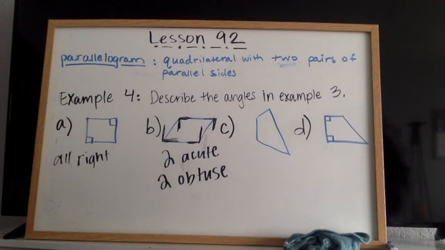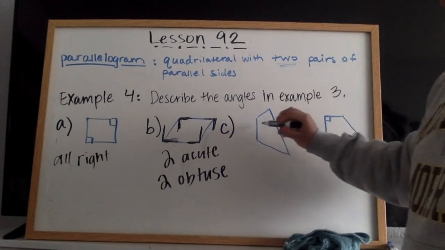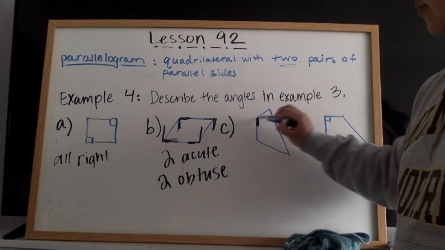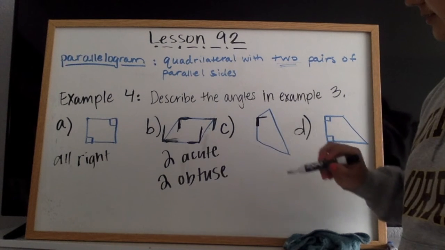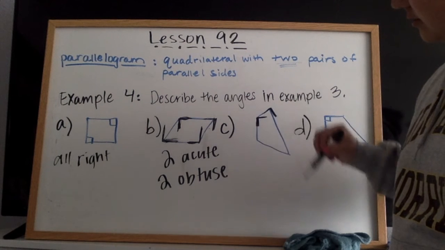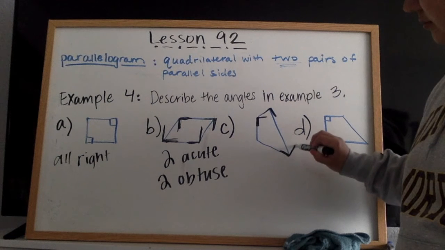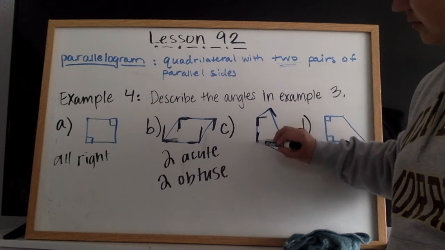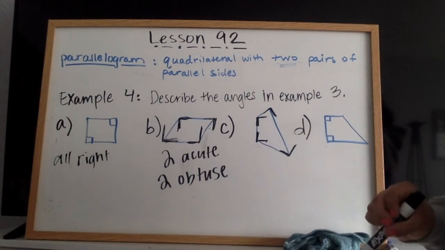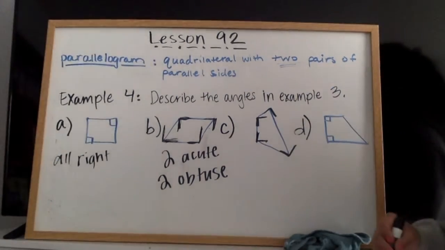Now letter C, I'm going to go around and do the same thing. I'm going to draw in my L's. Okay, I'm going to go around and look for acute angles because I don't have any right angles.